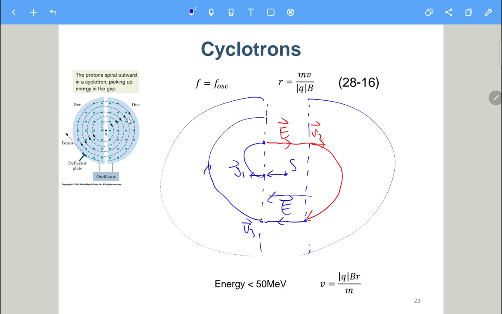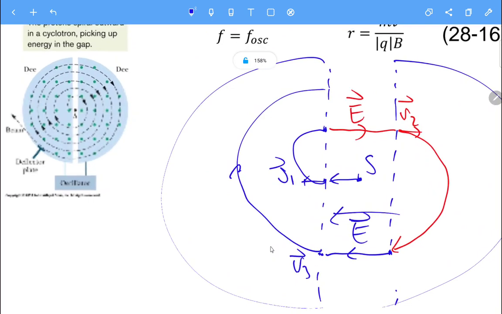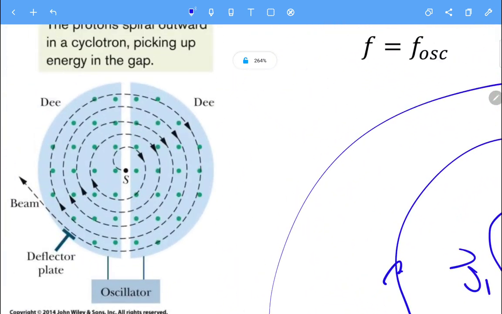So it says the energy of the particle will be small, because in this case we need a very large disk, and we need to generate the B field over the whole area. So it will consume power, because if you still remember, if you need to generate a B field, it needs energy.